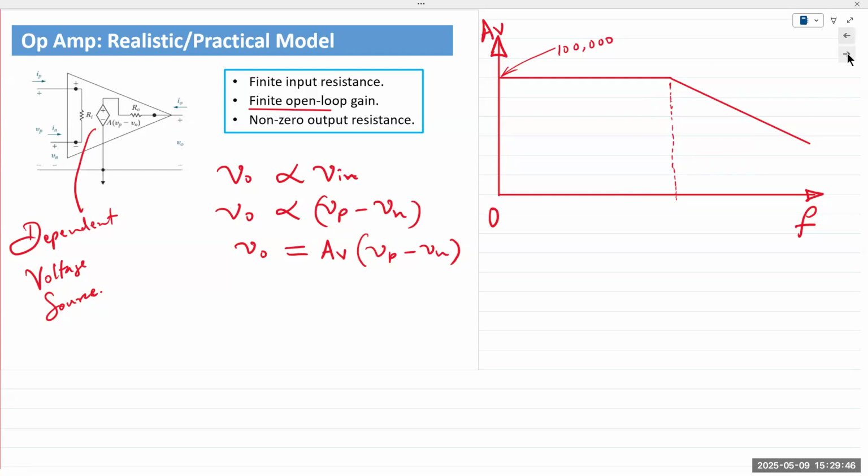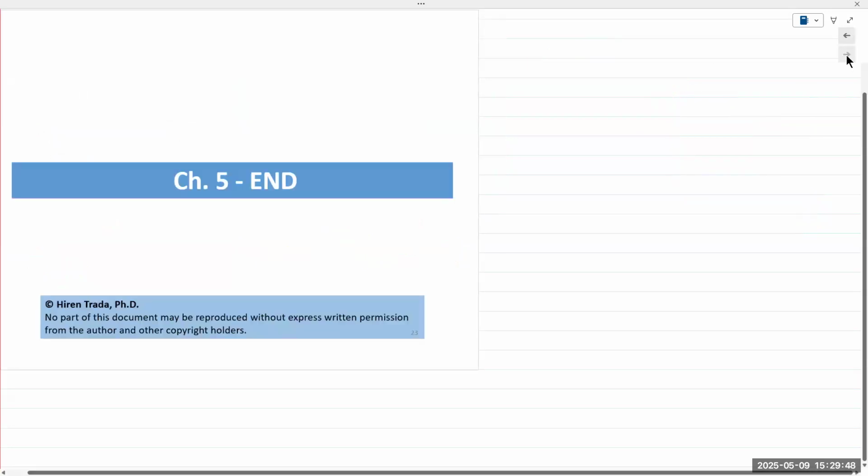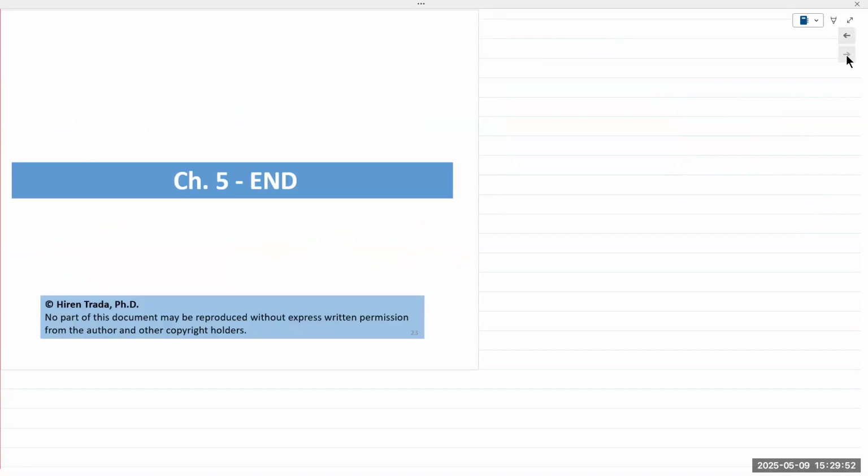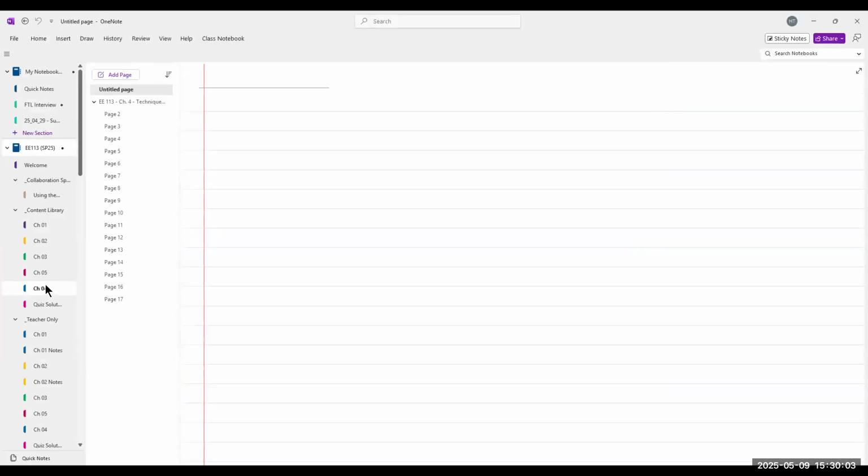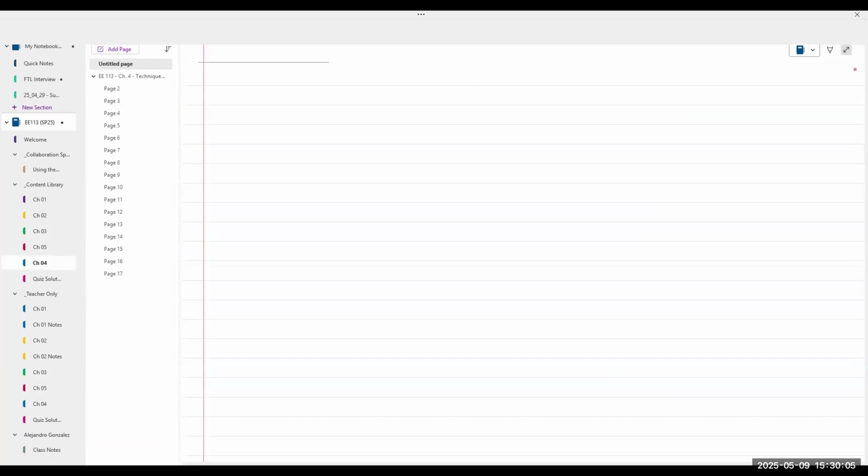Okay, so say we're at the end of chapter 5, and then we come to one of the other most important chapters, which is chapter 4 in the book, the other techniques of circuit analysis.